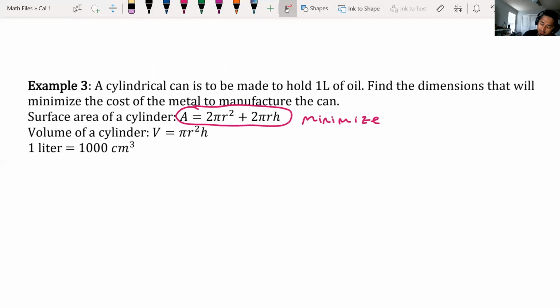So we know that the volume of this can is going to hold 1 liter of oil. So we're going to use the volume of a cylinder formula to make a substitution for H. Okay, so here's step 1, sub. So we have that 1,000 is equal to pi r squared H. So we're using the volume formula.